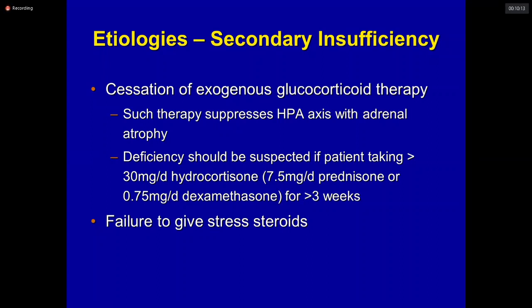Remember, if you give steroids in a good amount, there will be negative feedback inhibition on CRH and ACTH. And then there will be reduction in the endogenous cortisol level. And if this has been going on for some time, mainly more than 3 weeks, then the axis will be shutting down and it's not going to be active.